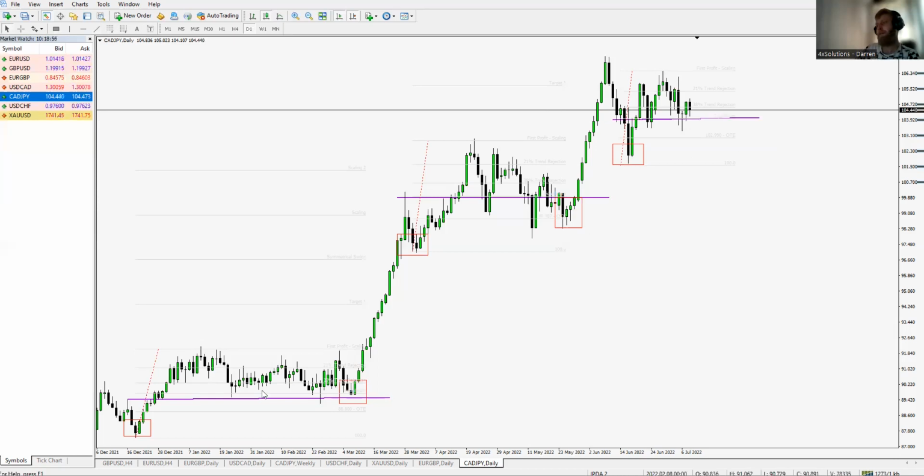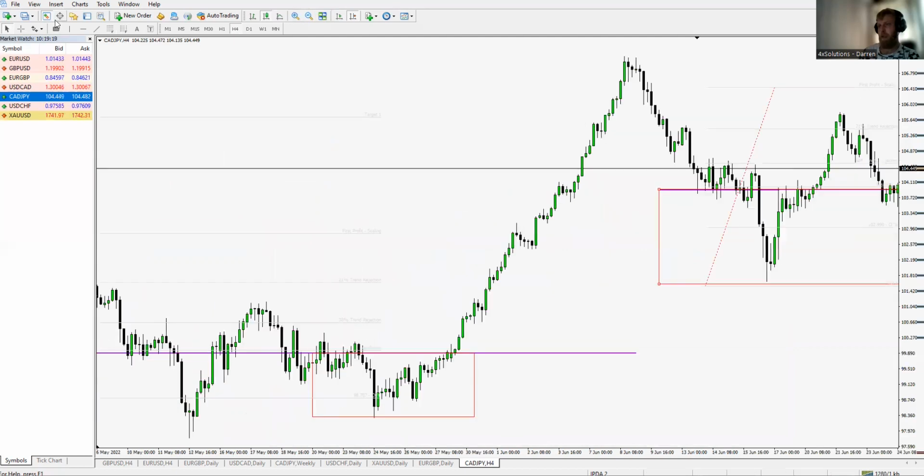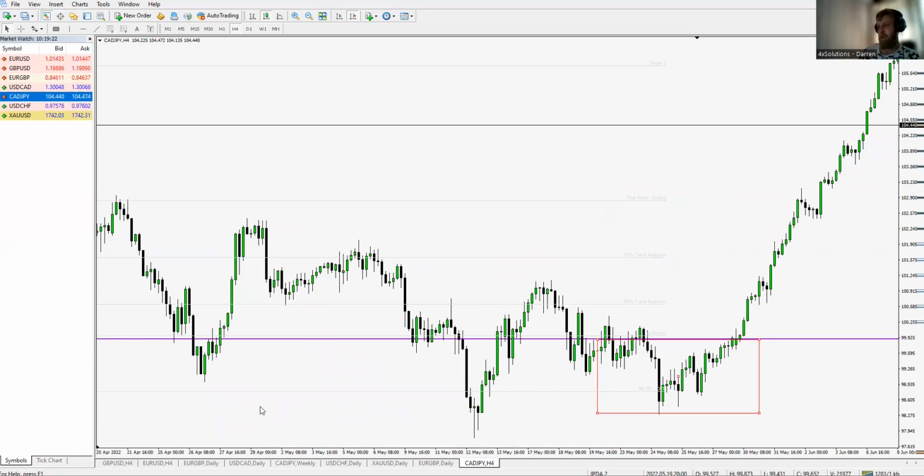And double discount really refers to that once it's at that equilibrium point or near that equilibrium point, we are essentially coming down to the lower time frames of whatever's lower than your daily, 4 hour, 1 hour, whatever time frame you want to use. And this whole section of price becomes a discount for you. So if we reverse back here again, this would be the whole entire discount over here.